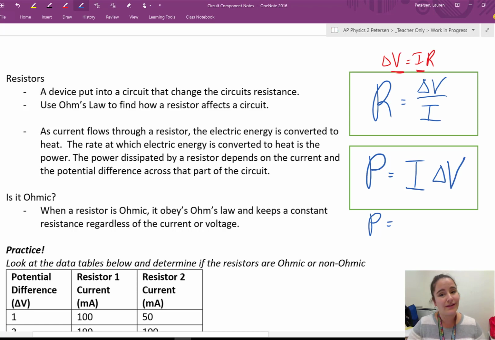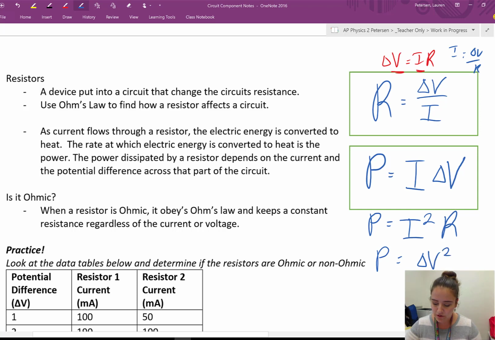It'd be I times IR, so I squared times R. Or if you didn't have the current, you might plug in I equals delta V over R, and then you have delta V times delta V over R, or the voltage squared over the resistance. And all three of these equations can be used to solve for power. This is just the one that's on your equation sheet.